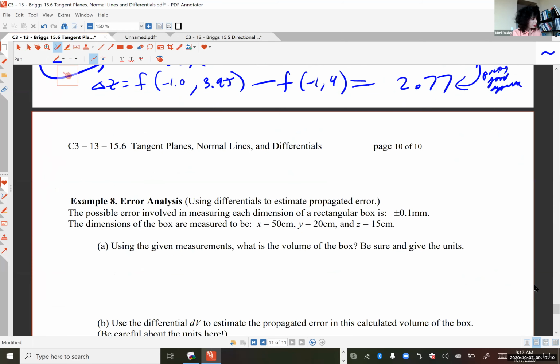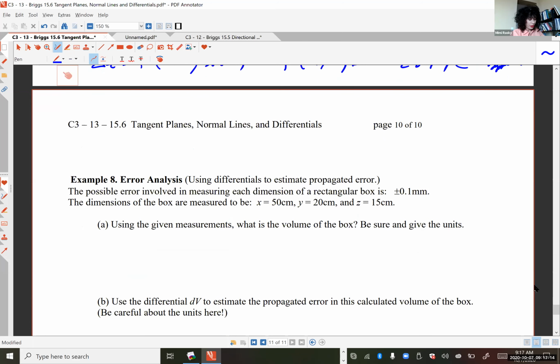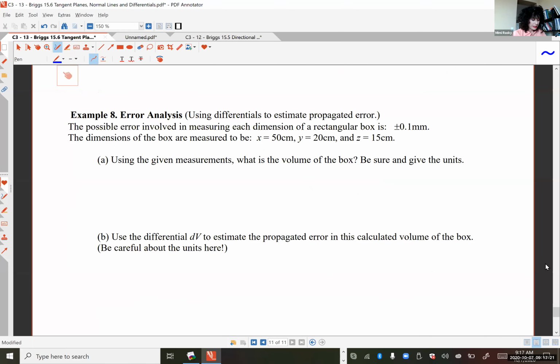I don't have time to do the error analysis problem. I'm going to move on because it's a really nice usage of differentials to approximate propagated error. It's awesome. Anytime you measure something, your measuring tool is always off by something. There's no perfect measuring tool in the entire universe, okay? So it might be off a little bit.